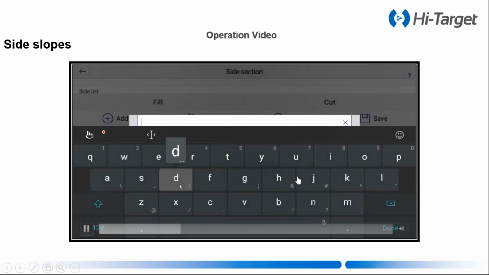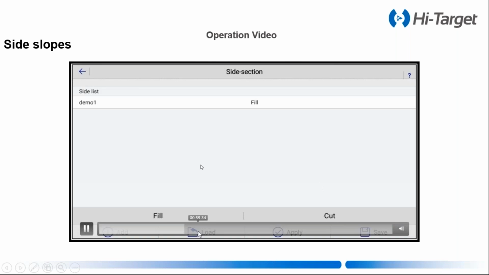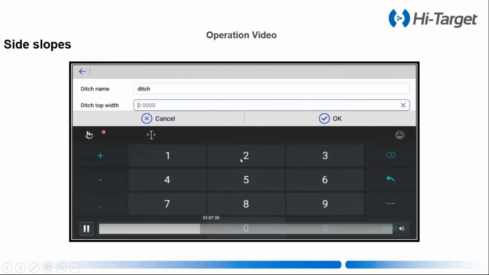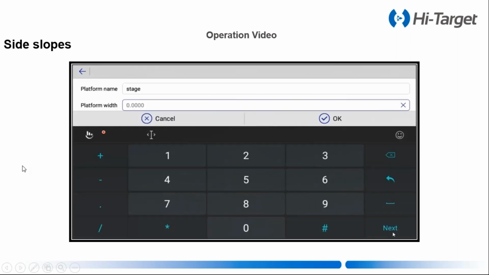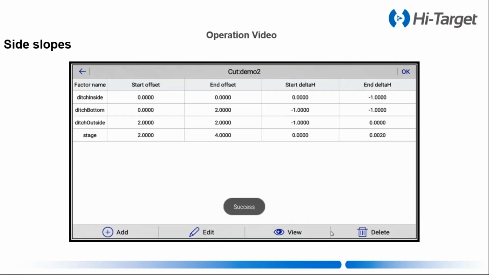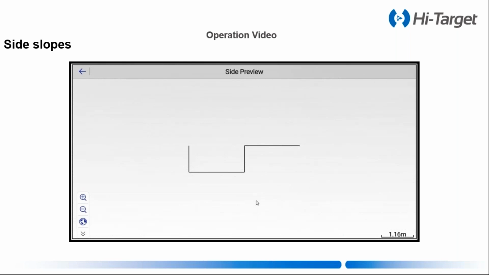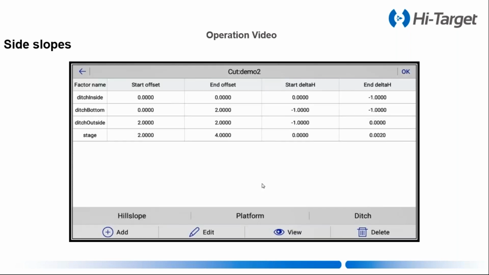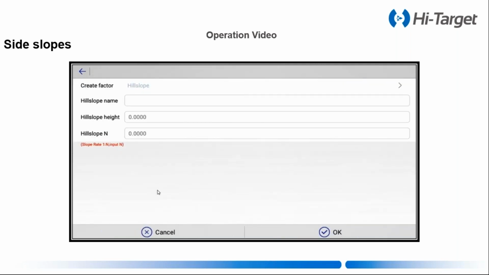Then next one is the cut slope. Let's see, we input the parameters for each factor one by one. Then continue. This slope.